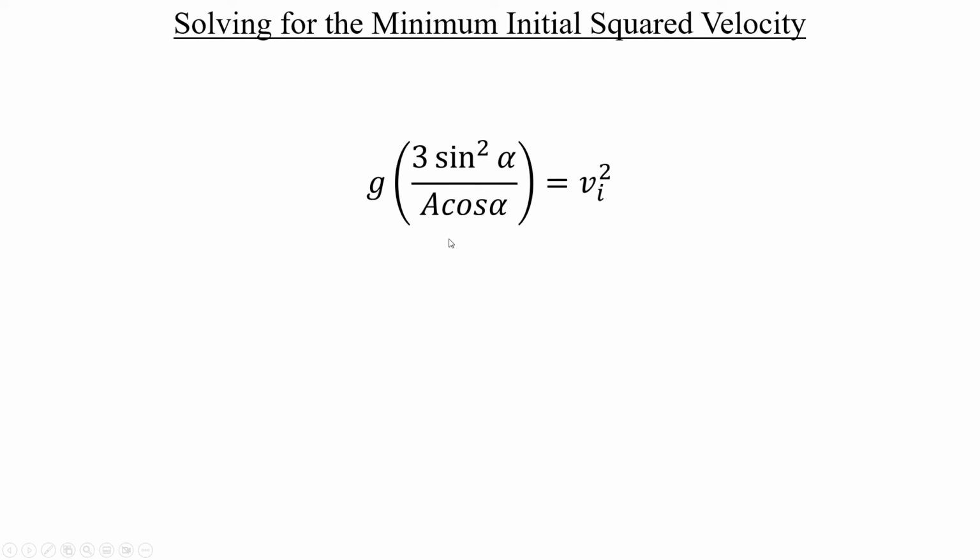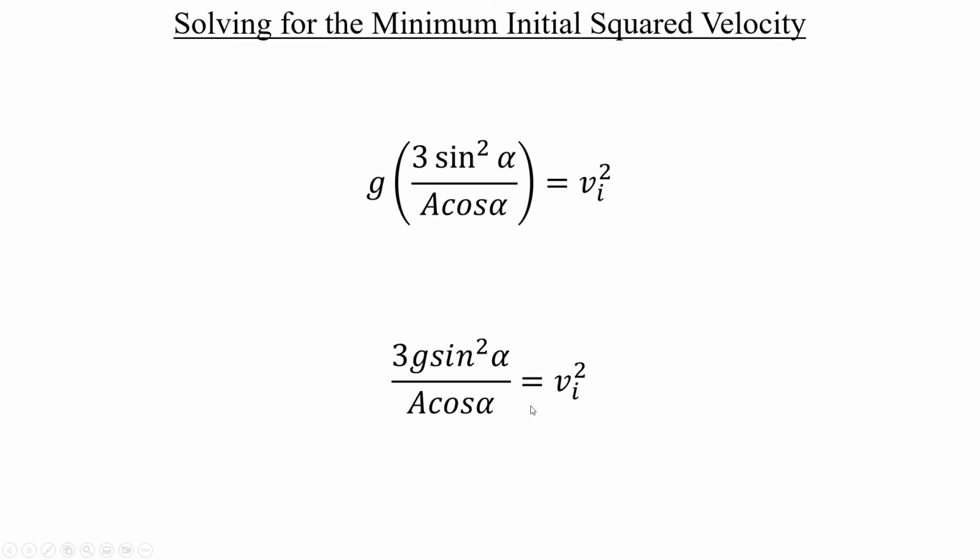Now there's 3 total, and if we distribute the g back in, we get 1/2 of the inequality that we needed to demonstrate. This tells us the absolute minimum initial squared velocity that the worker needs to impart on the box in order to get it to stay put.